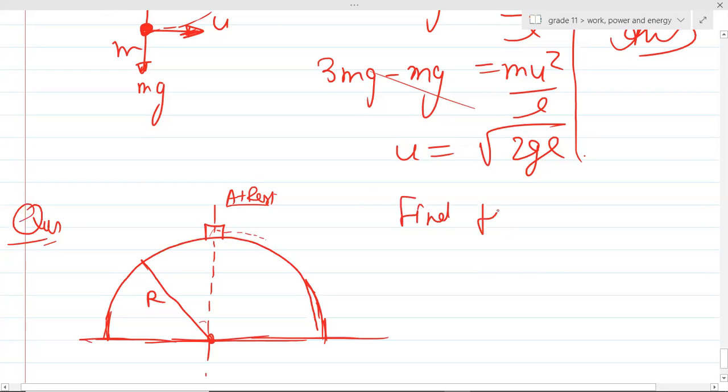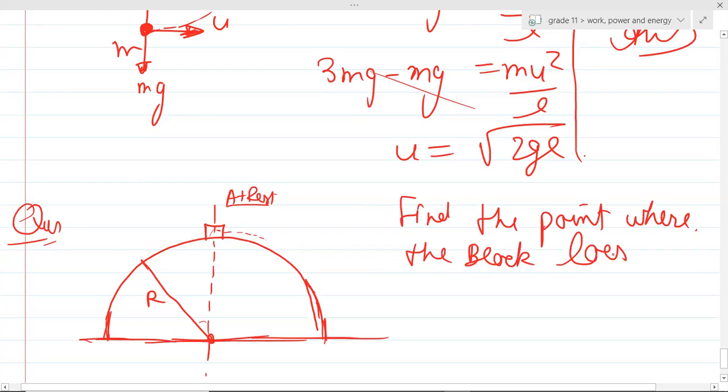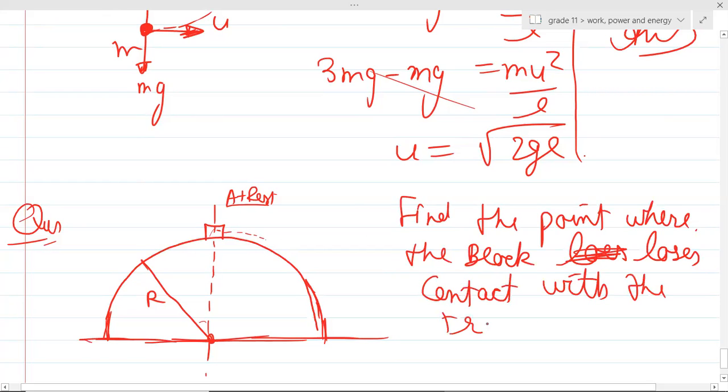find the point where the block loses contact with the track. So basically it will keep on sliding.